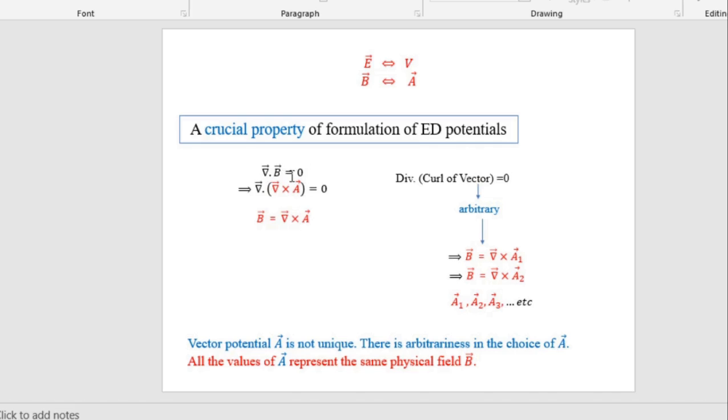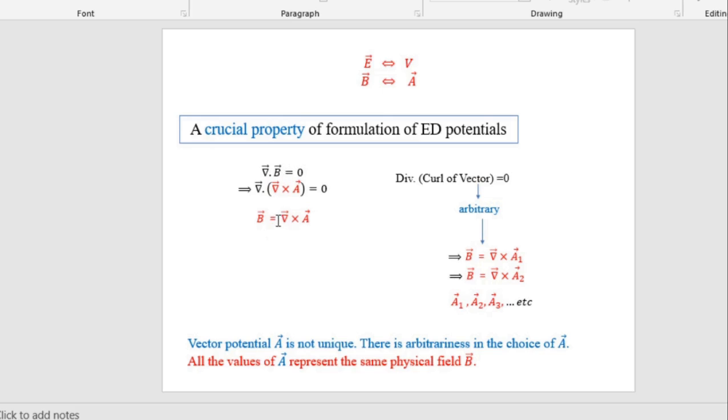That means they are all connected to the same magnetic field B, since we are talking about the same equation divergence of B is equal to 0.